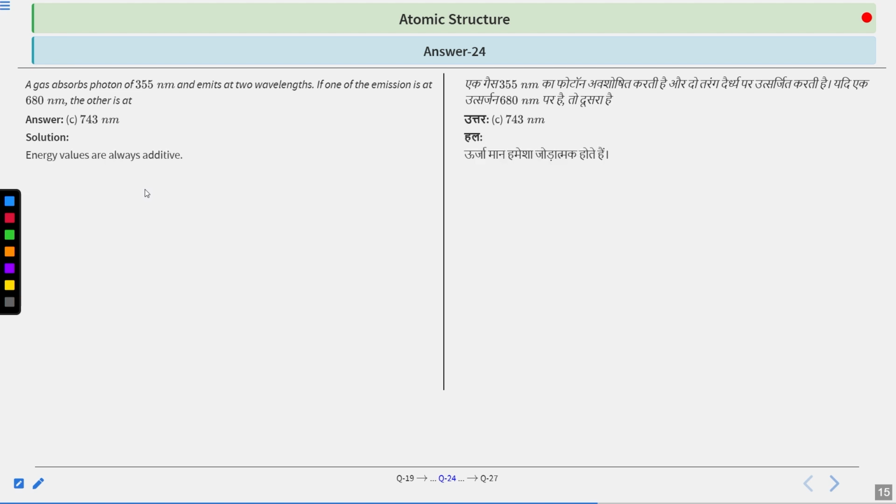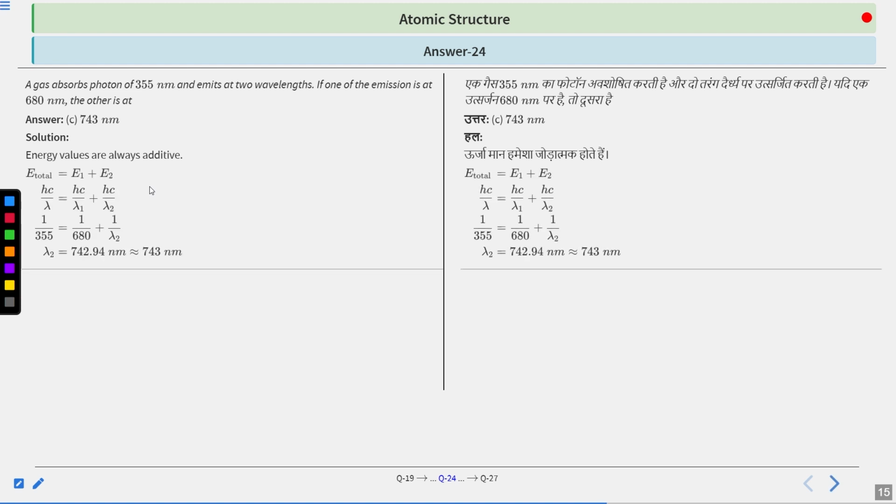The energy value is always additive, we know it, right? Therefore, E total will be E1 plus E2. The energy for the first wavelength is given, and for the second we have to calculate. The initial value is also given, so this is the energy absorbed by the gas. This much energy will be emitted because energy is additive in nature.